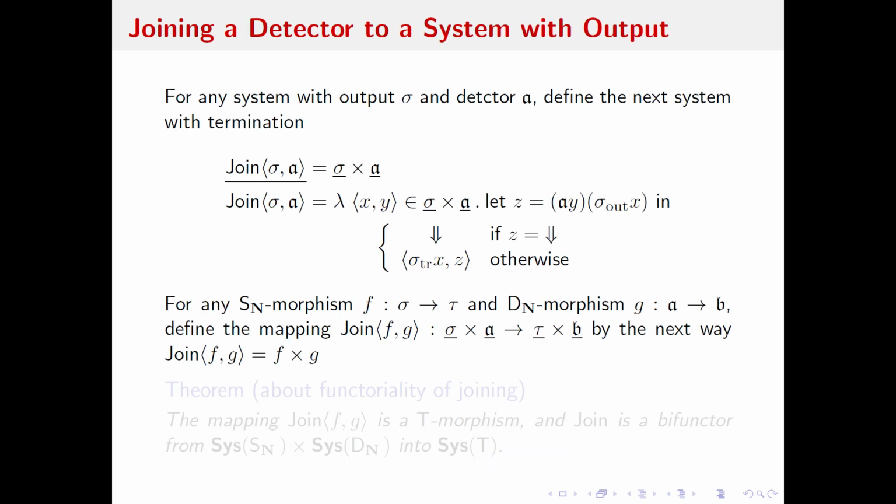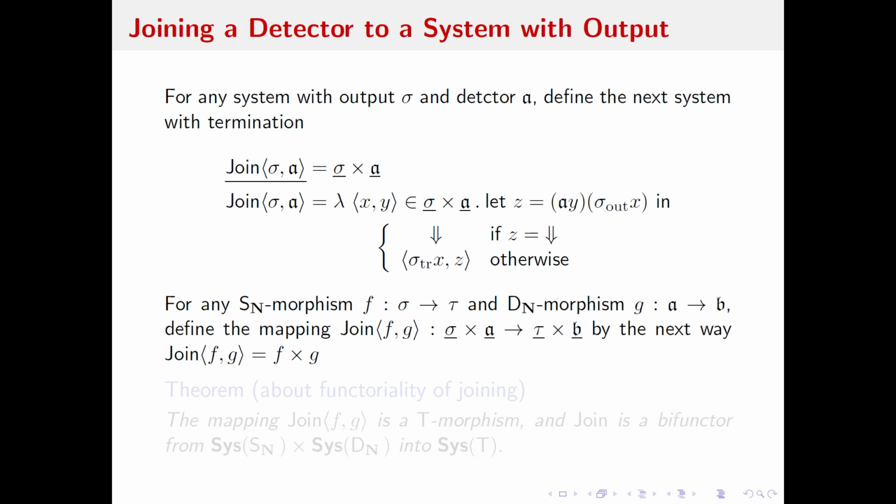Now we are ready to give the principal construction of our research. This construction is a bifunctor, combining two systems, a system with outputs and a detector, into a system with termination. The definition of the actions of the bifunctor on objects and morphisms is presented on the slide.